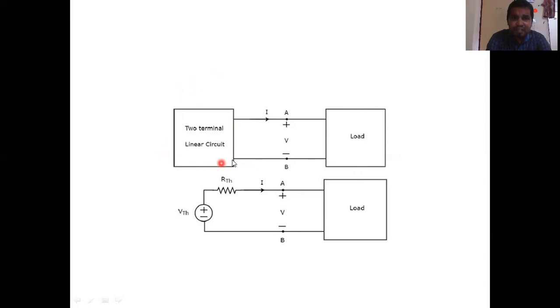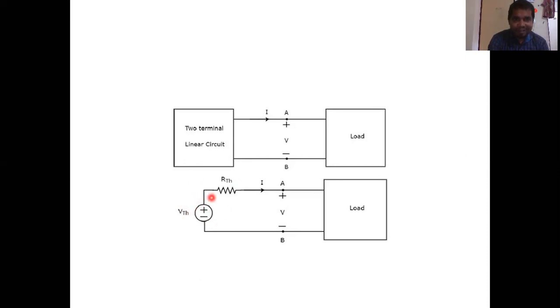The rest of the entire circuit is replaced by a voltage source in series with the equivalent resistance or impedance, depending upon AC or DC. We assume here it is DC, as we are going to discuss DC, so it will have the resistance and the Thevenin voltage source.